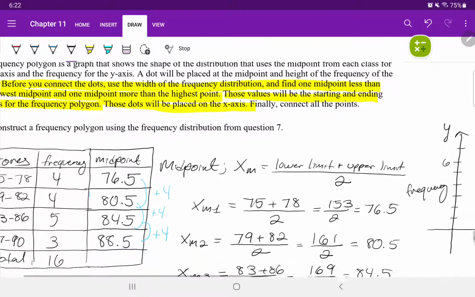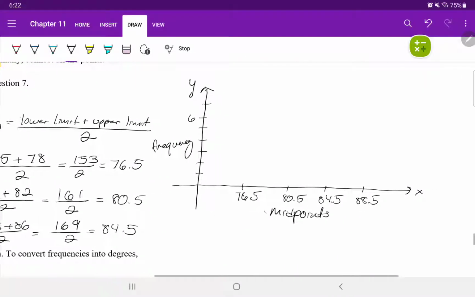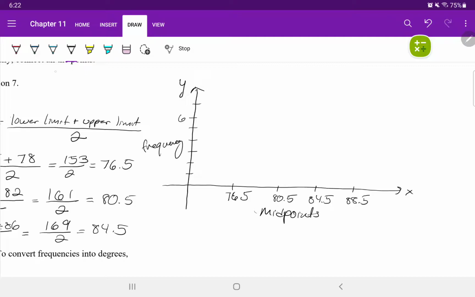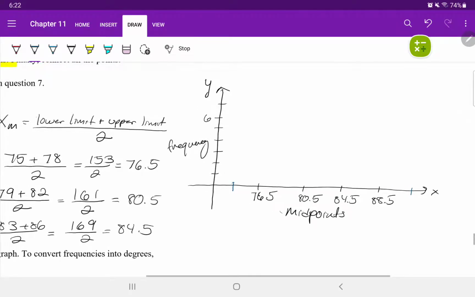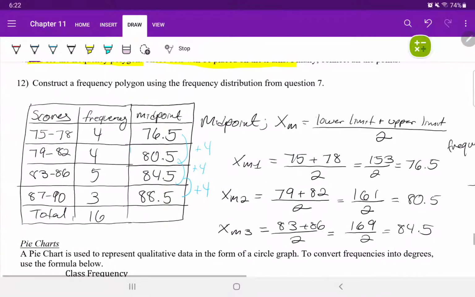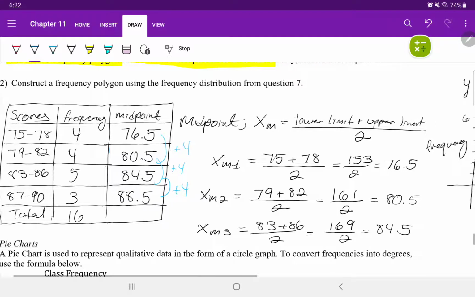So let's go here to our x-axis. It says we need to find one midpoint that is lower than the lowest midpoint, so I'll put it right there, and one midpoint that is higher than the largest midpoint of the frequency distribution. And we want to use the class width to find that value. Now remember, the class width is 4. Every time I wanted to find the next midpoint, I added 4.